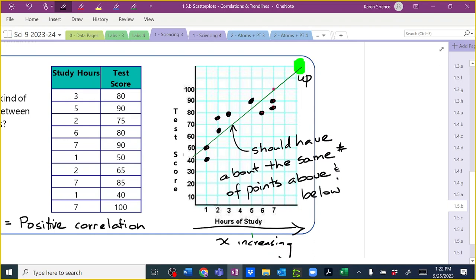But you don't want like all the above ones to be on the left and all the below ones to be on the right. Okay? The most important thing is that it should follow the trend of the data. And that's why we call it a trend line, because it follows the trend.